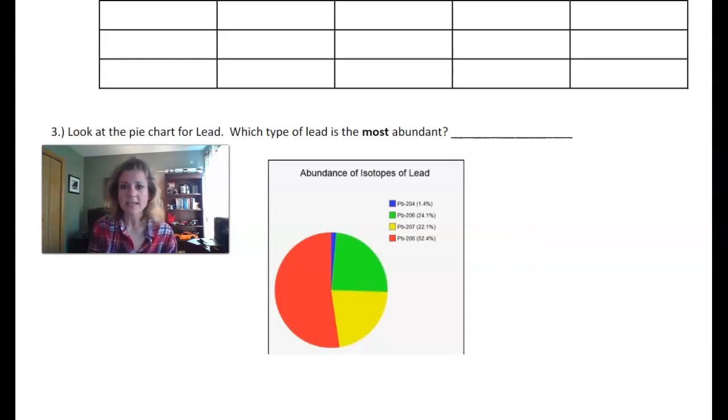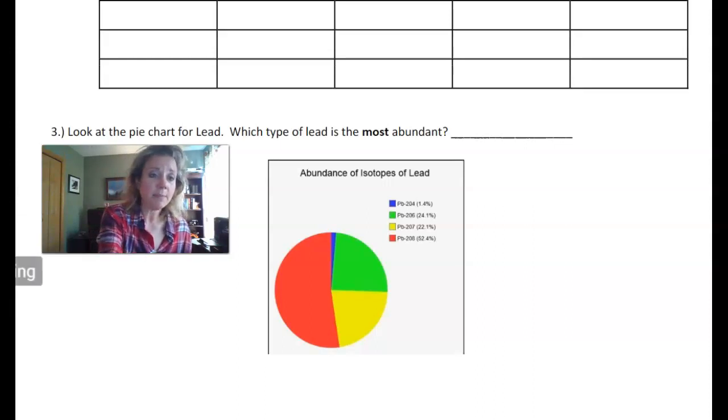One form of lead is more rare, and there's another form that is quite common. They don't all exist in the same amounts in the universe, in nature. If we take a look at this pie chart on the bottom of your form, you can see that there is one form of lead that really stands out as being the most common.